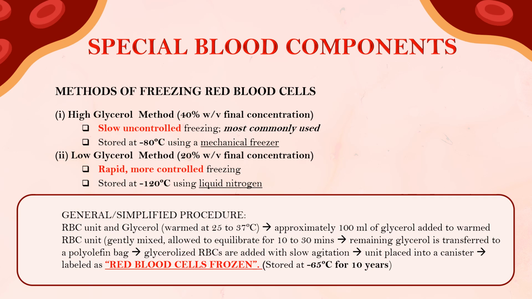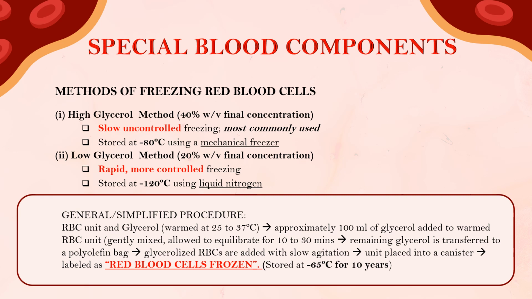So, methods of freezing red blood cells. Number one, the high glycerol method. This is a slow, uncontrolled freezing method. Okay, class, remember that high glycerol is the most commonly used freezing method. When using high glycerol, units are stored at negative 80 degrees centigrade using a mechanical freezer.